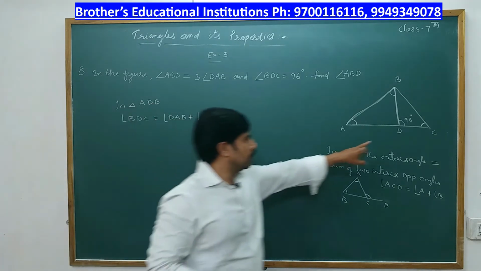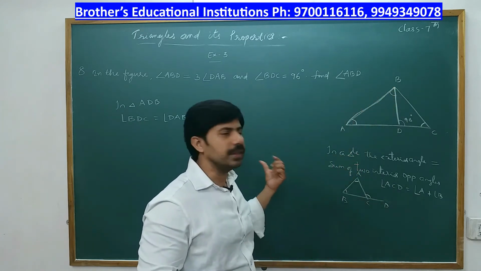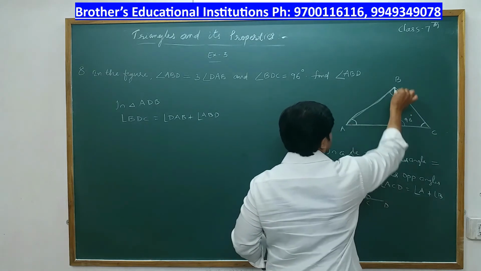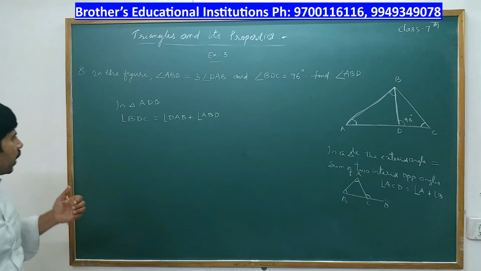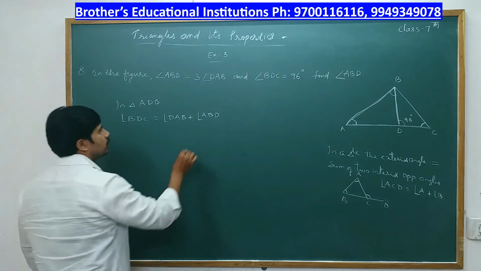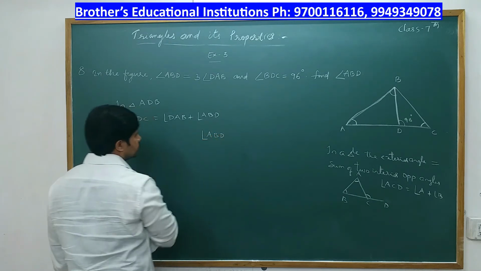DAB, or you can write BAD, is one and the same; A should be in the middle. And angle ABD or DBA also, no problem. After writing this, we need to find ABD, so we should not disturb this ABD. Let it be ABD as it is.